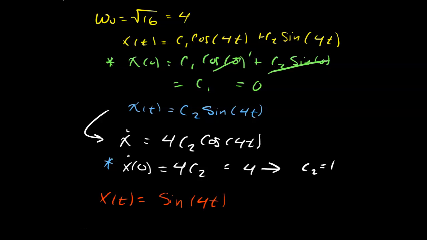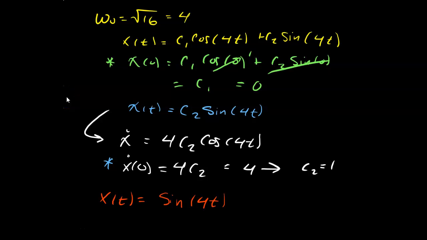So what's sort of interesting about this particular problem is it asks us for the amplitude, phase angle, and period of the motion. And our formula was in terms of cosine, so we could put it back into cosine, although it is possible to talk about it in terms of sine.